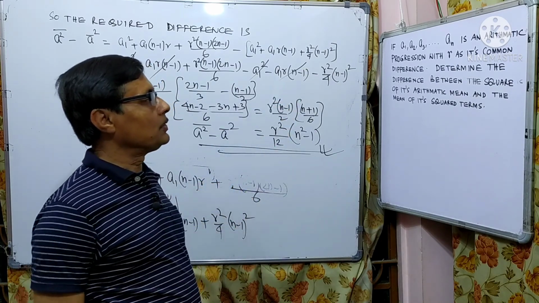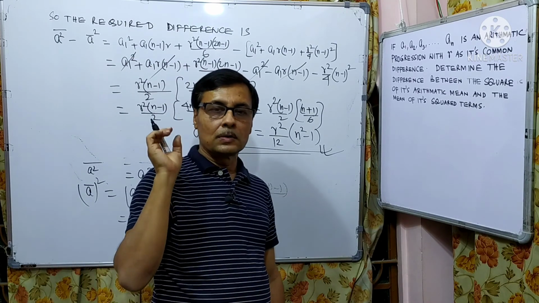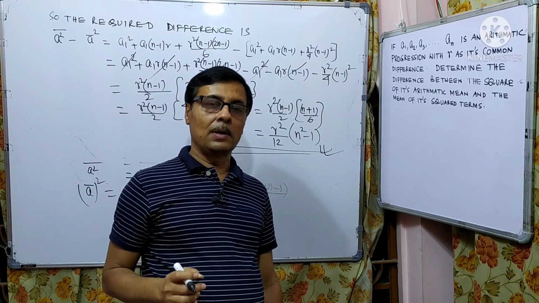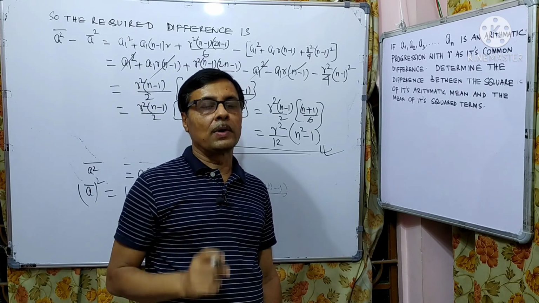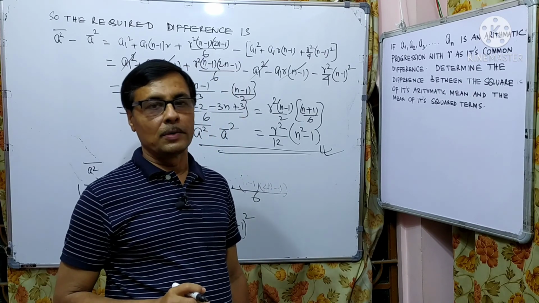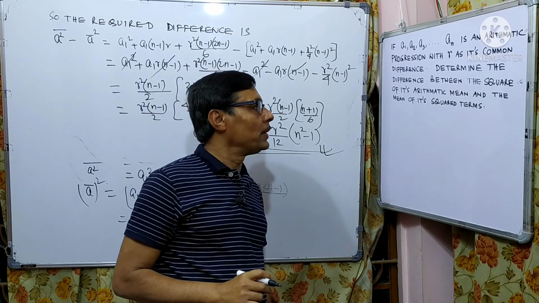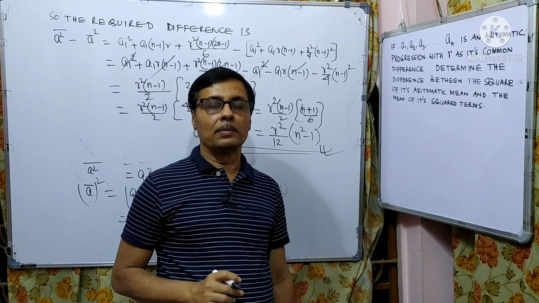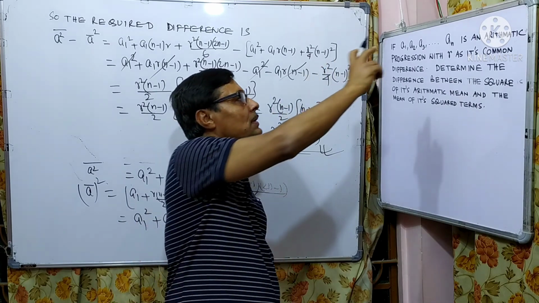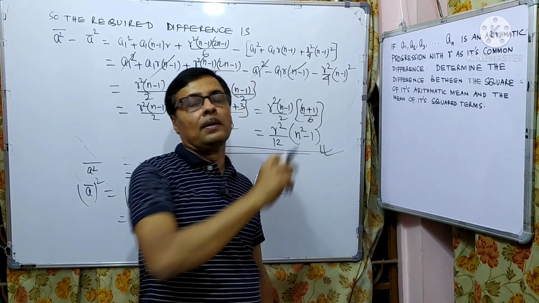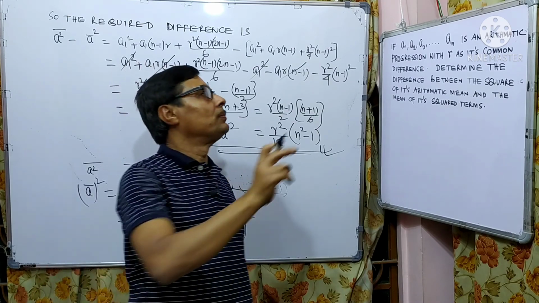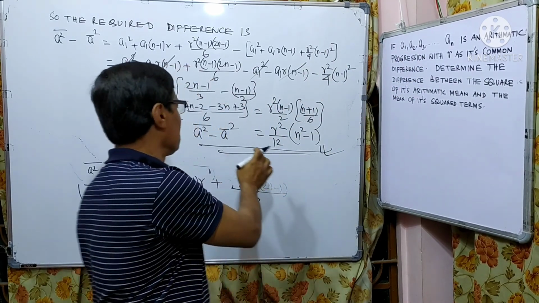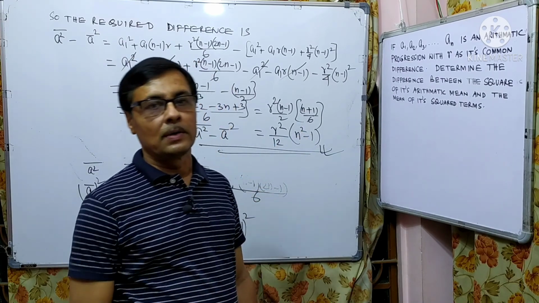Here we have to find the difference between the square of the mean of the arithmetic progression and the mean of the square terms of the same arithmetic progression, which is got as this. This is the required difference.